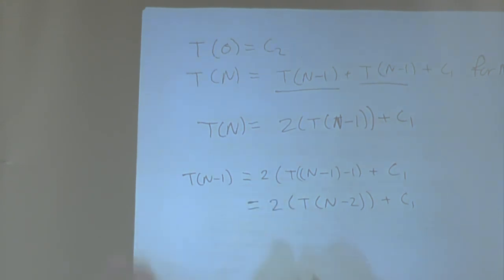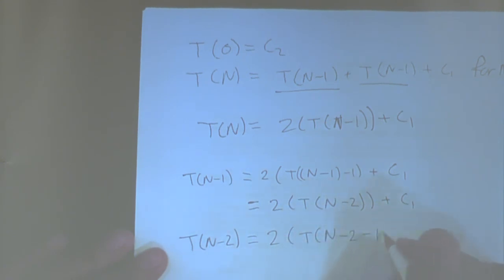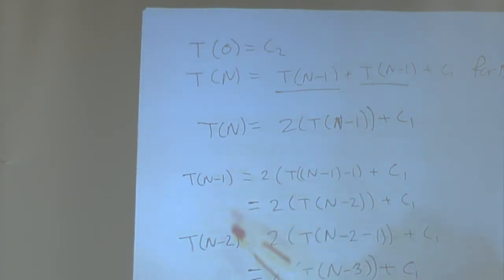Okay, so let's do another one. T of n minus 2 equals 2 times T of n minus 2 minus 1, so that will give us 2 times T of n minus 3 plus c1. So we went through 1, 2. Let's do another one to make sure we found a pattern.